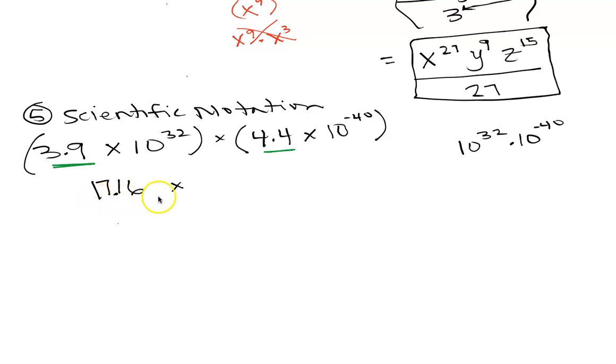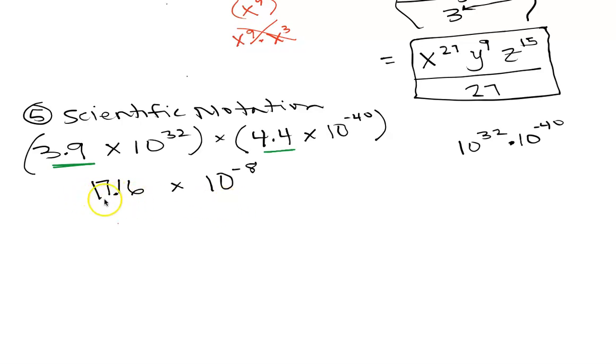Okay, so 17.16. All right, and then these other two, since it's connected by multiplication, we can add those exponents together because the bases are the same. Well, we have one positive and one negative, so we're really going to subtract. So that's really going to be 10, because that's our base, to the 32 minus 40, which is negative 8.